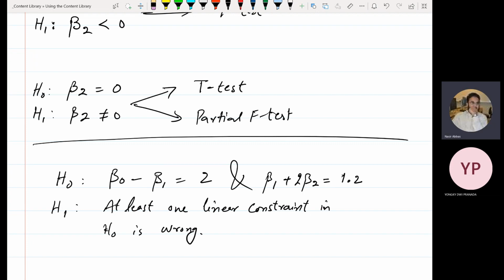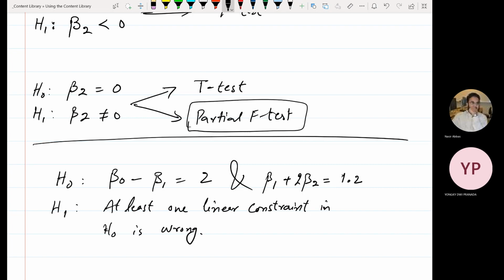Now, to test these constraints, there is one way of testing it using the partial f-test, which means you plug these constraints into the model and get the revised model, which is very long. So the easier way is to use this generalized linear test, f-test. And to do that, you need to convert this H0 and H1 in terms of matrices.